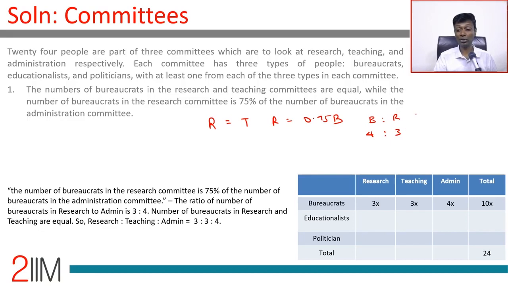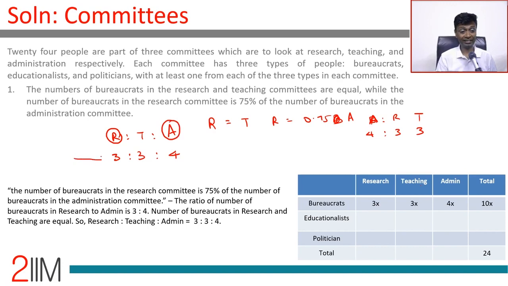Teaching is equal to research, so teaching should also be 3. Research to teaching to admin is 3:3:4. This number is 3/4 of this number.